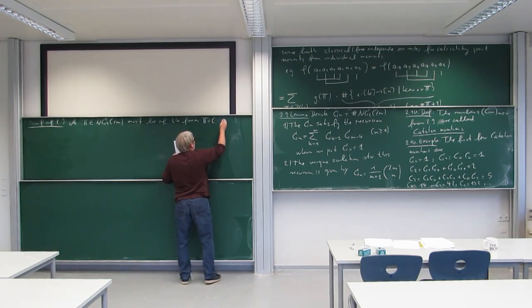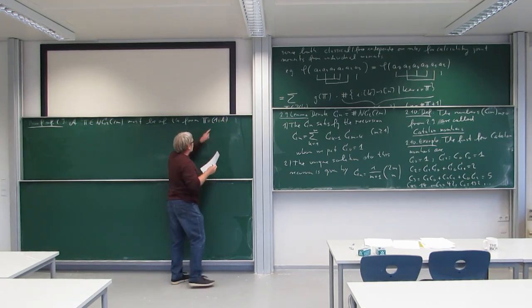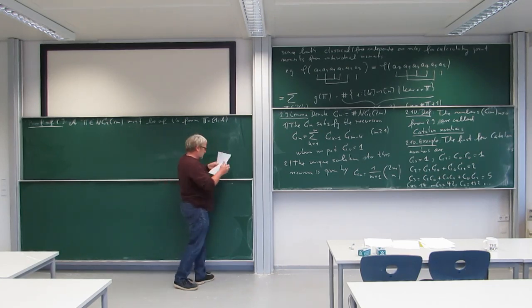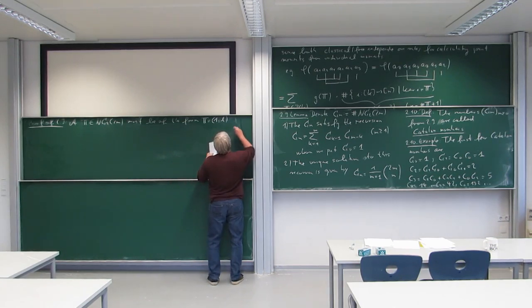I have the first block, which means 1 must be paired with something, so l is a number from 2 up to 2m, and then I have a rest, which is a non-crossing pairing of the remaining points. So I write here the block {1, l} union pi twiddle.